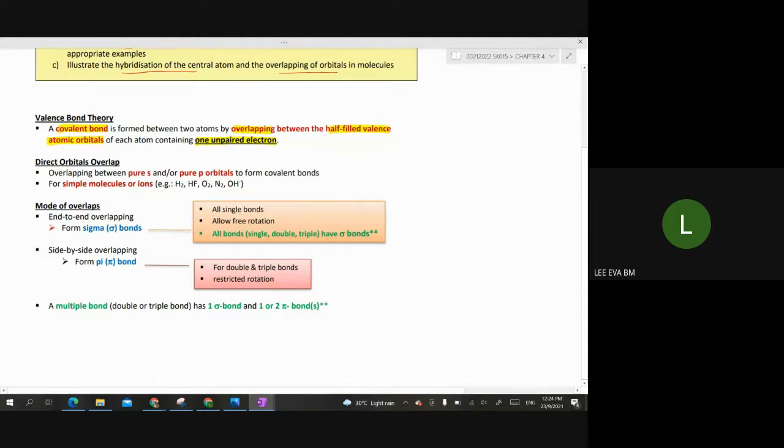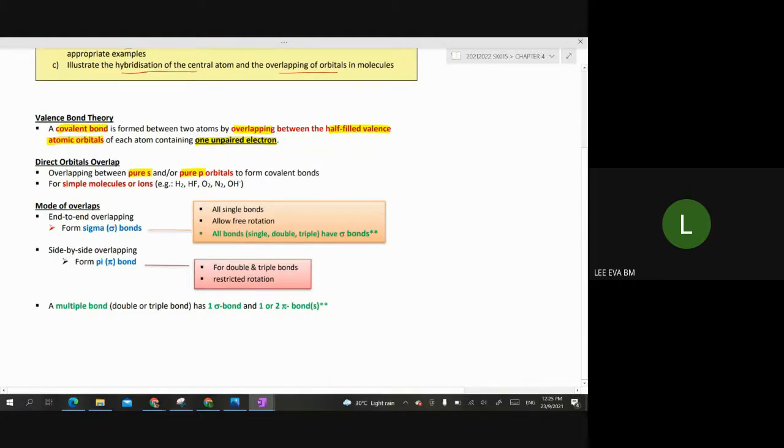What to say direct orbitals? That means we use the original orbitals. Yang awak belajar kan? S orbital, P orbital, D orbital kita tak pakai sebab D ke atas dia adalah lagi complicated. So kita hanya fokus kat S dengan P sahaja. Okay, so the direct orbital overlap means there is an overlapping between the pure S and pure P orbitals to form this covalent bond.